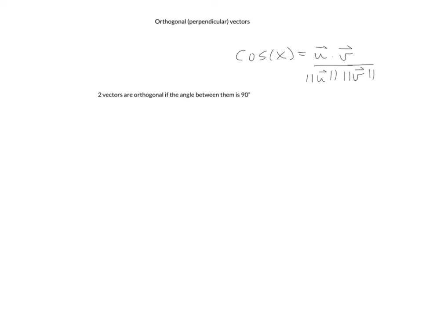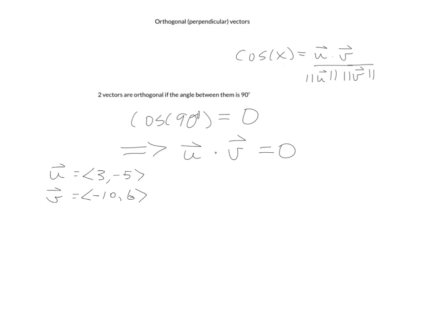And we know that the cosine of 90 degrees is 0, which implies that if two vectors are perpendicular, their dot product must be 0. That all follows from the result that we have proven. If cosine of x is 0, then u dot v must be 0, and cos of x is 0 exactly when the two vectors are orthogonal.